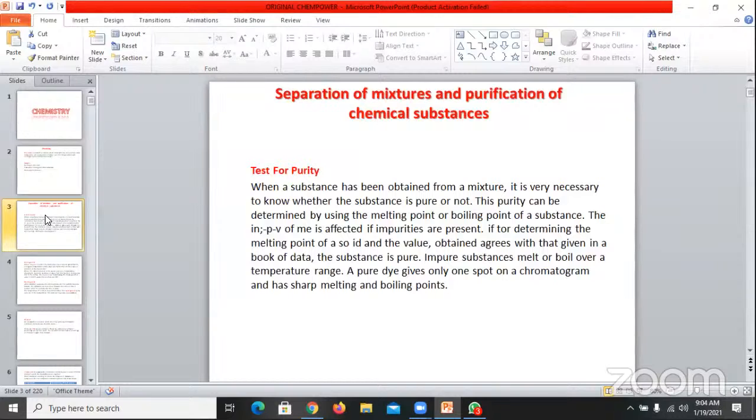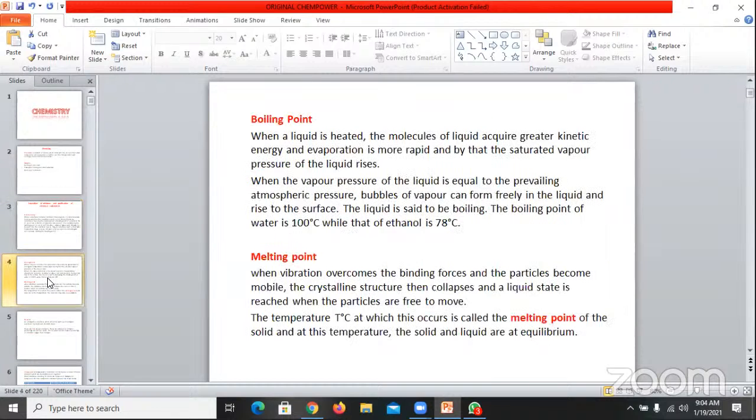That is very important. Then a pure dye gives one spot on the chromatograph, and a pure substance has a sharp melting point and a sharp boiling point. So if something is supposed to boil at 100 degrees like water, but it boils at 110 or more, or less than the boiling point, that means it is not pure.